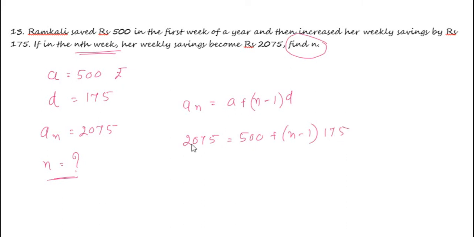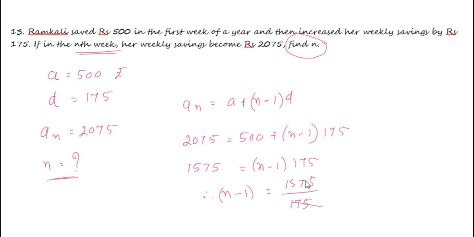Taking the 500 to the other side, it becomes 1575 equal to n minus 1 into 175. Therefore n minus 1 equal to 1575 divided by 175. 175 into 10 is 1750 minus 175.